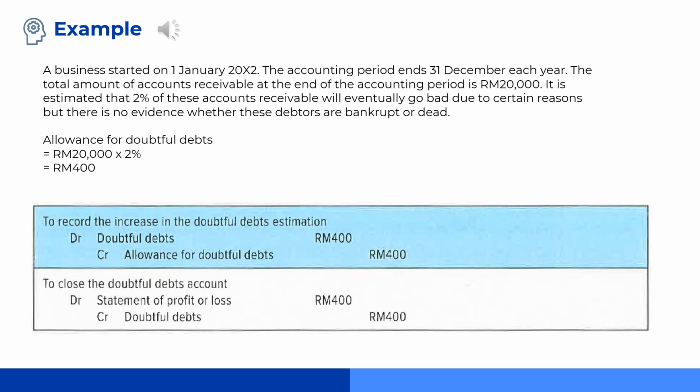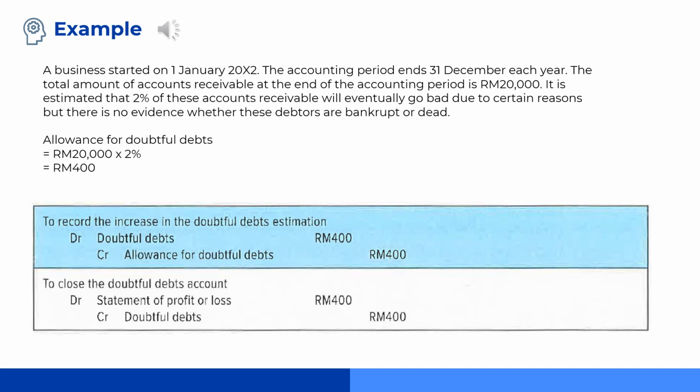For example, a business started on 1st January 20x2. The accounting period will end 31st December each year. The total amount of account receivable at the end of the accounting period is 20,000. It is estimated that 2% of this account receivable will eventually go bad for certain reasons, but there is no evidence whether these debtors are bankrupt or dead.